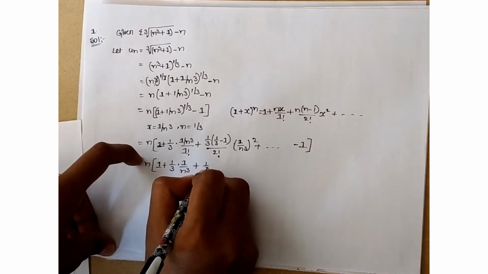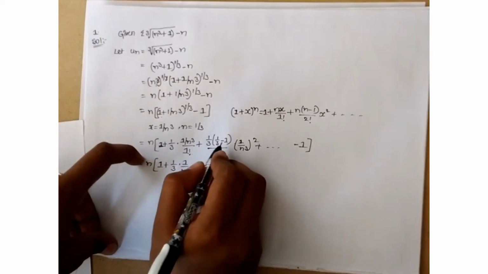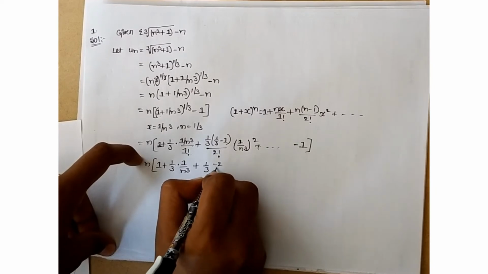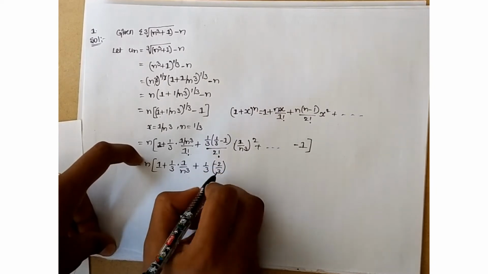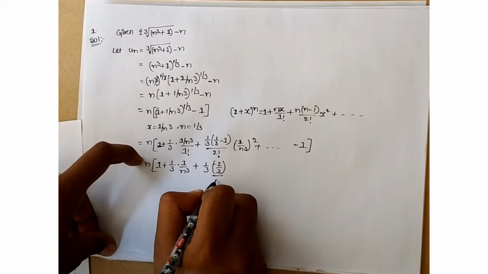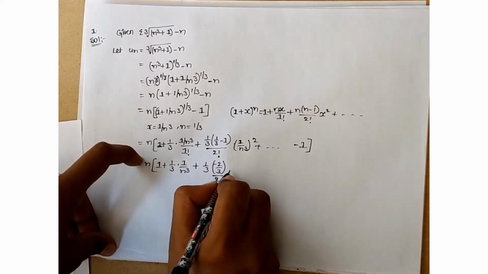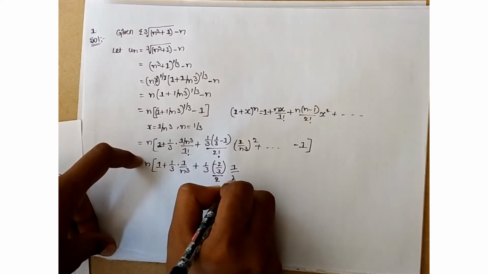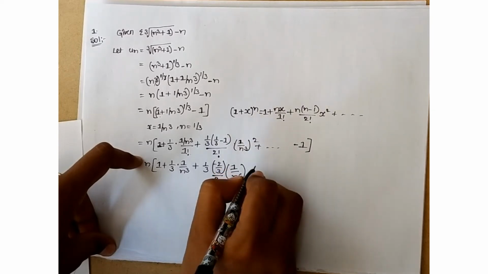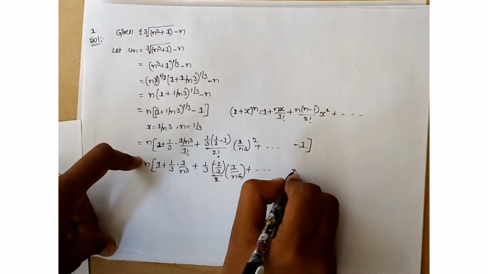Plus 1 by 3 into, taking LCM, 3 minus 1, minus 2 by 3, by 2 factorial, which is 2 into 1, that is 2, into 1 by n power 6, plus and so on. Here minus 1 is there.